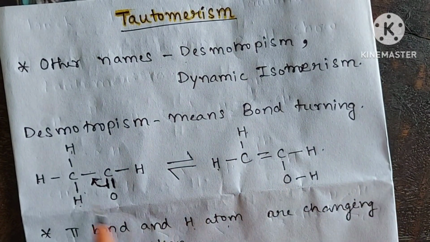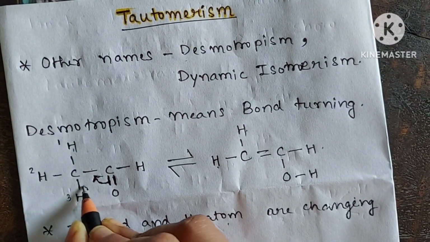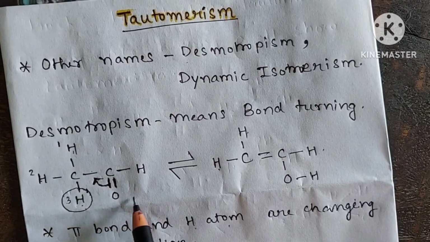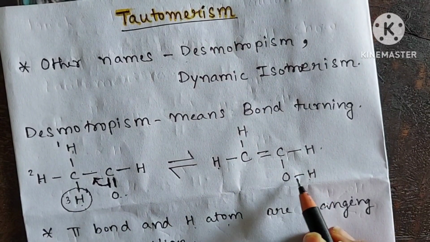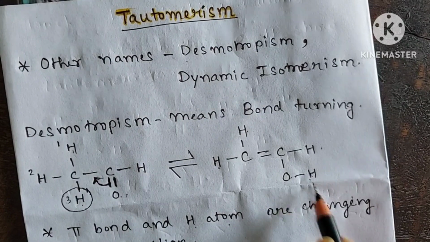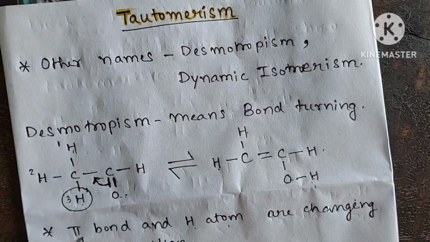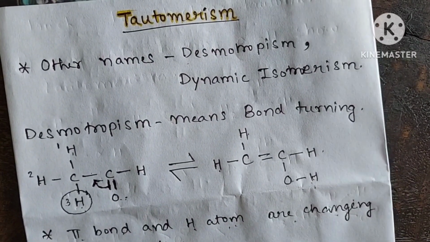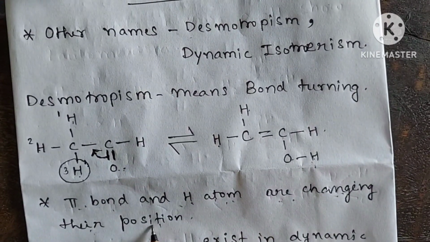That means if we mark the hydrogen atoms as 1, 2, 3, the third hydrogen atom has changed its position and made a bond with oxygen. Here there was no hydrogen and here hydrogen is there. It has come from here to here. So the pi bond and hydrogen atom are changing their position.